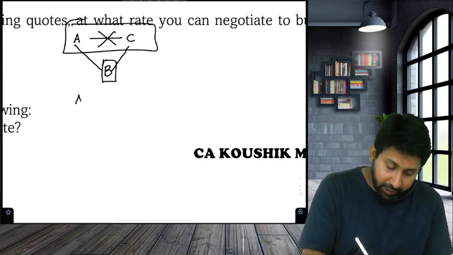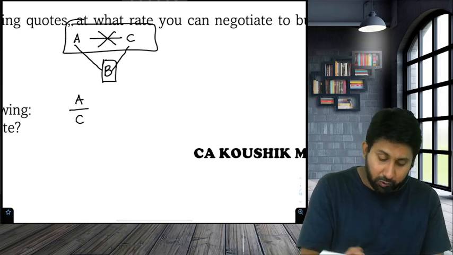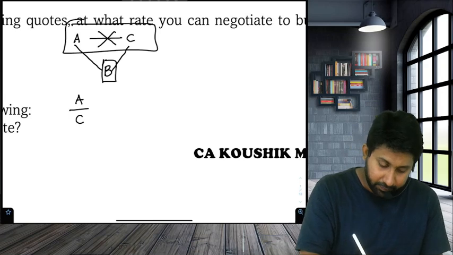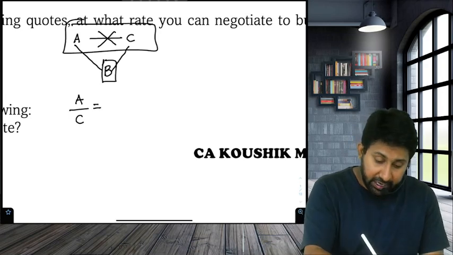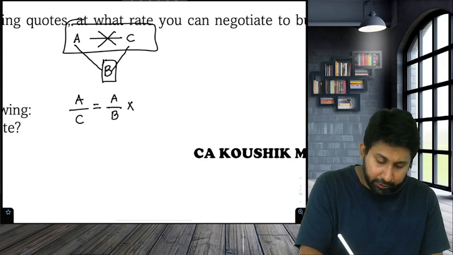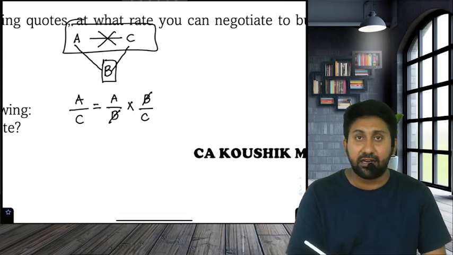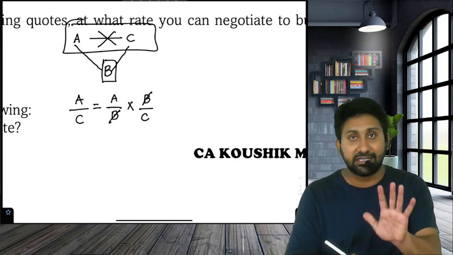How? I want how many A's are required to purchase one C. A is traded for B, or not? A by B, into B is traded for C, or not? B by C. B and B cancel. In turn, it will give A by C, or not? That is our agenda.